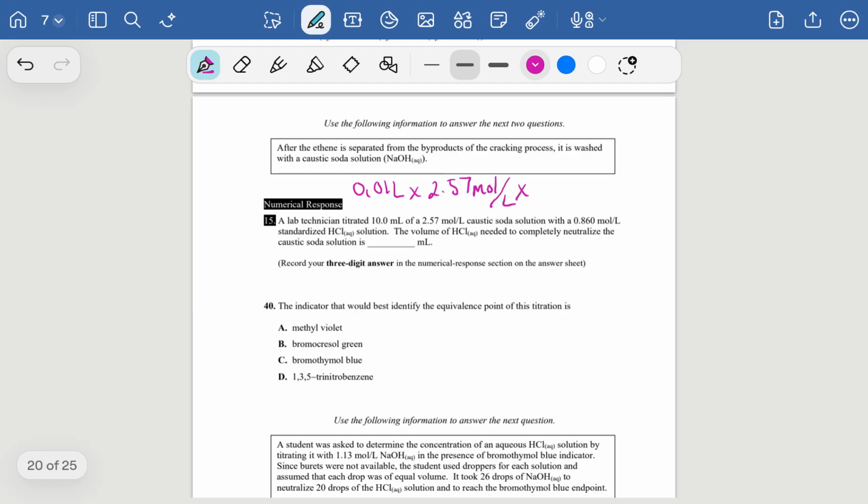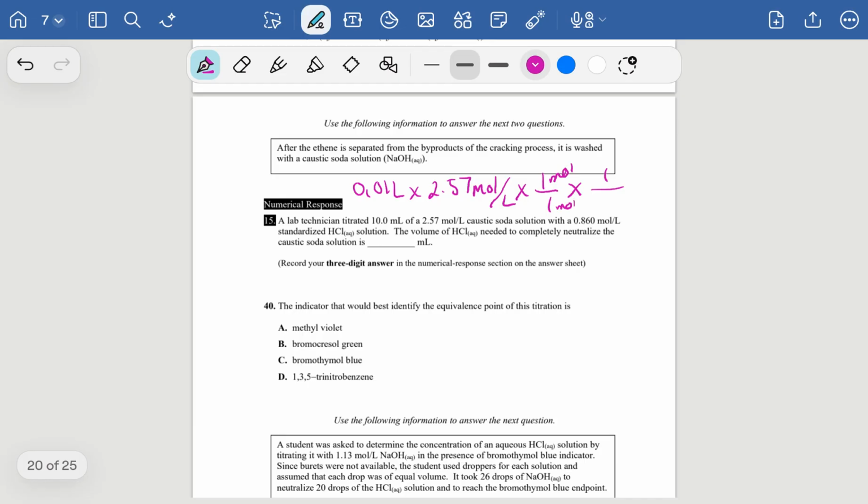Again, if you write out this reaction between NaOH and HCl, it is a 1-to-1 ratio. So then your last step is just to divide by, we're finding mL, your last step, because that will bring us to moles of your base over, this would be moles of your acid.